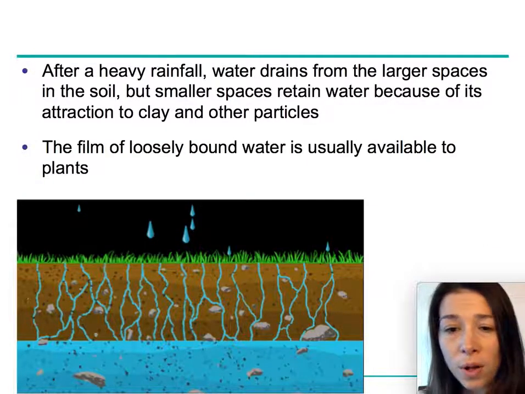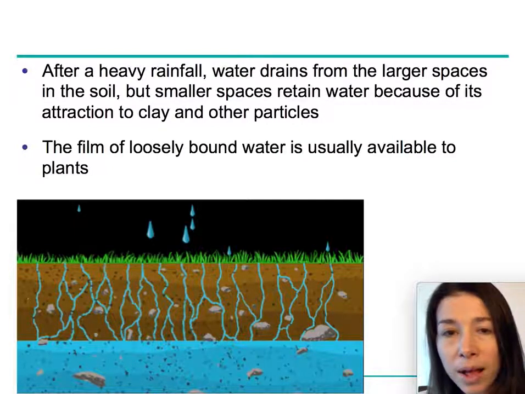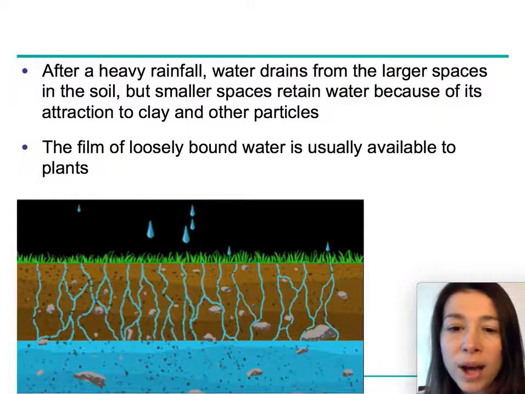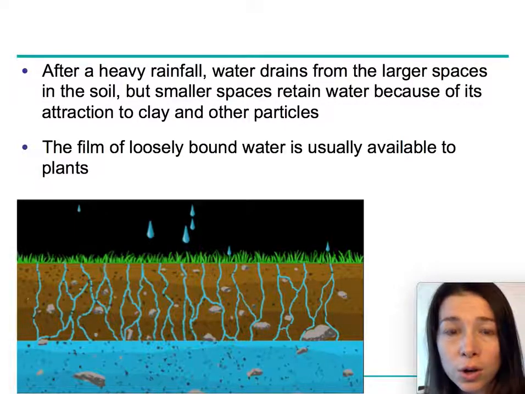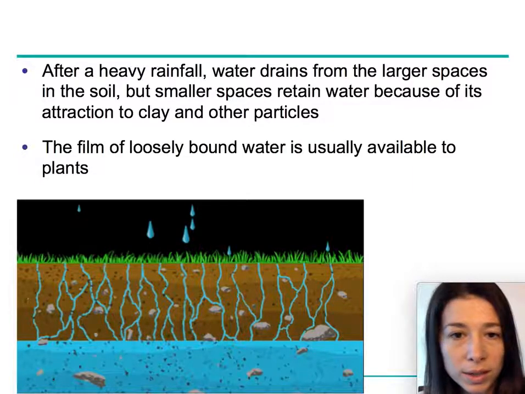When rainfall hits earth, so when rainfall hits soil, rain is going to be attracted to some elements of soil, so there are a lot of positive and negative charges going on. So positive and negative charges will be attracted to each other, and rain will stay in some areas because of that attraction of the rainwater to the soil itself.